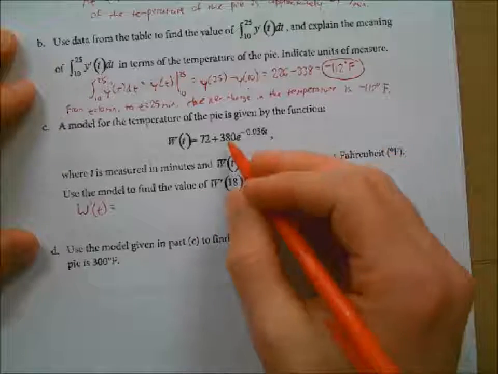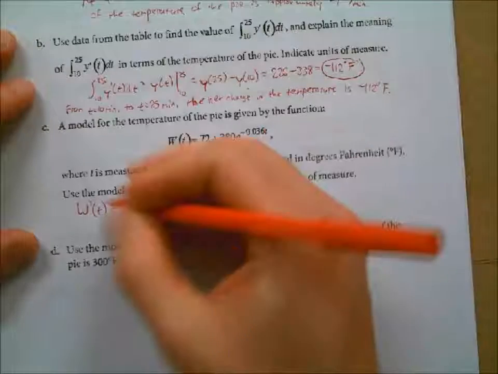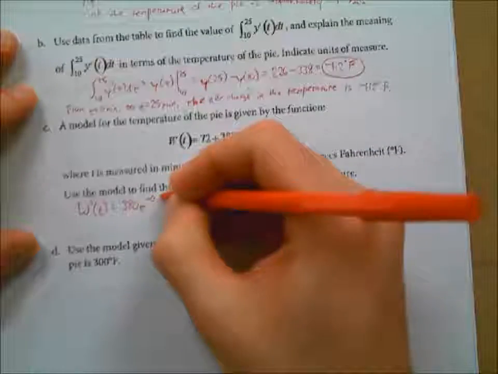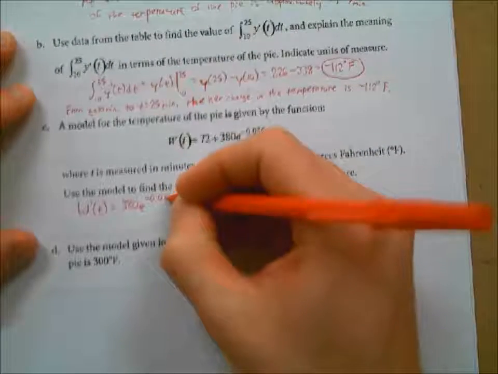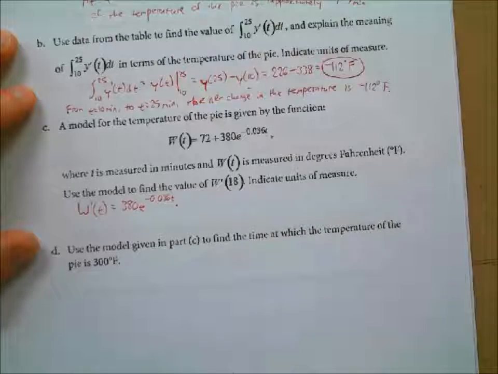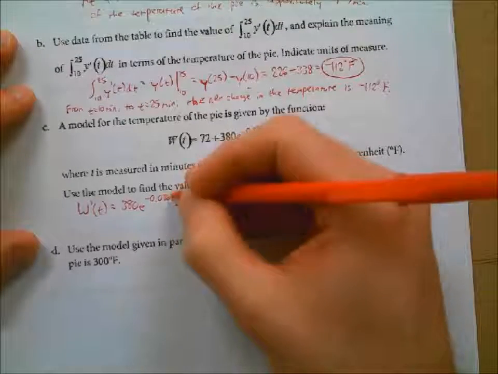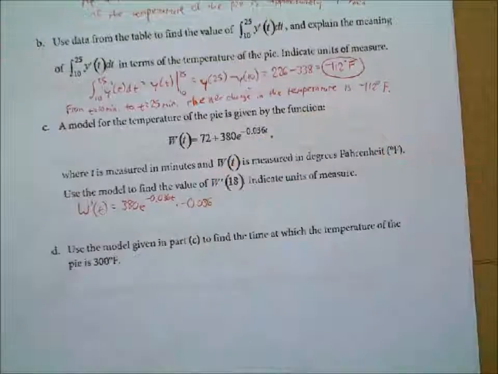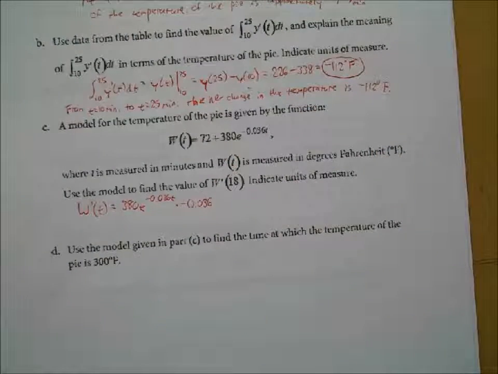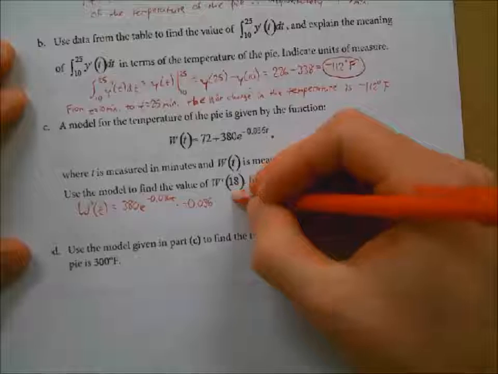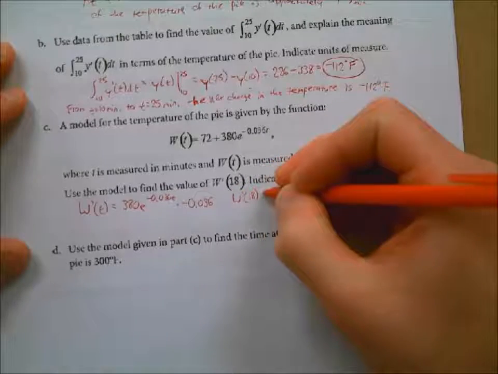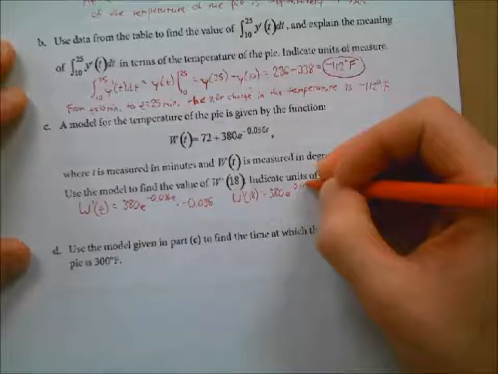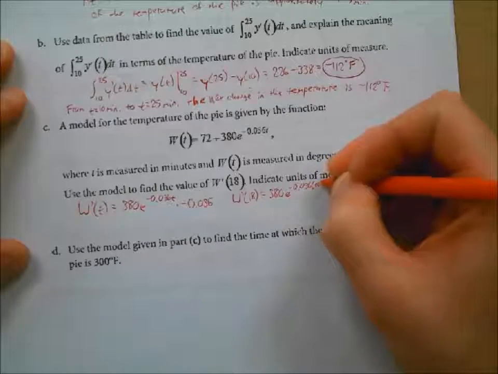And the derivative of 380 e to the something will be 380 e to that same something, so negative 0.036t, times the negative 0.036, the derivative of what's inside there. Don't forget your chain rule. And so then, if we want to find w prime of 18, we can just plug the 18 in. Okay, like so.